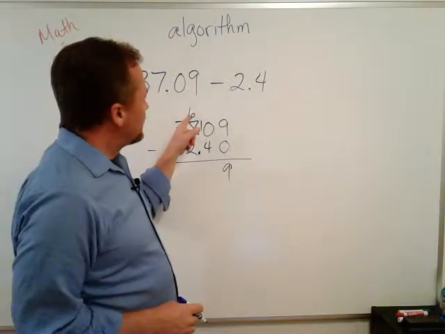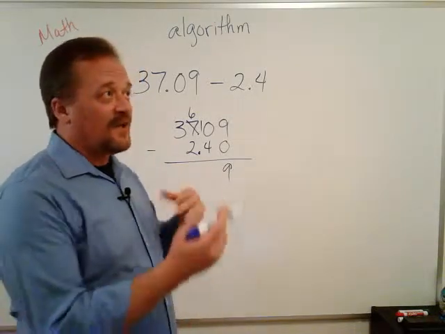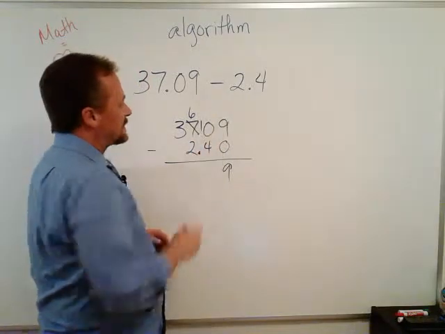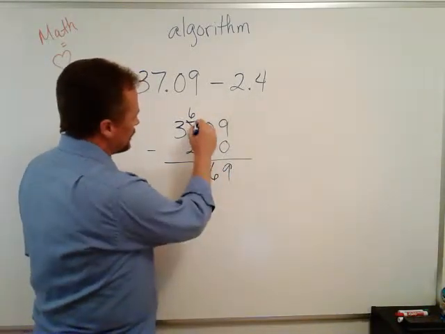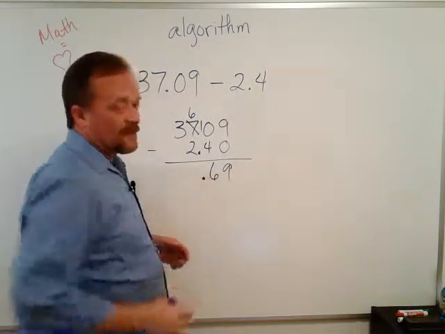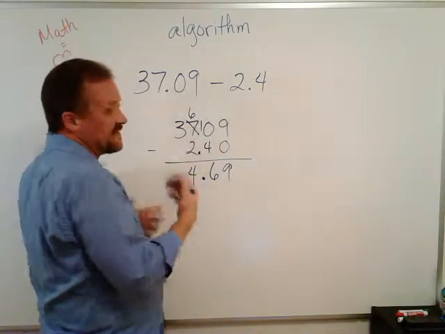That 1 that was here just became 10. Instead of nothing on top, now I have 10 tenths. And now I can subtract. 4 tenths from 10 tenths is 6 tenths. These decimals are in a nice line, so I'll write another one down here. 6 minus 2 is 4, and 3 minus nothing is 3.